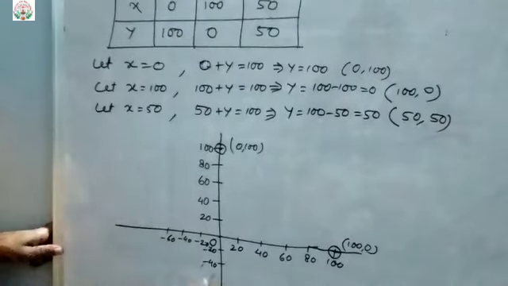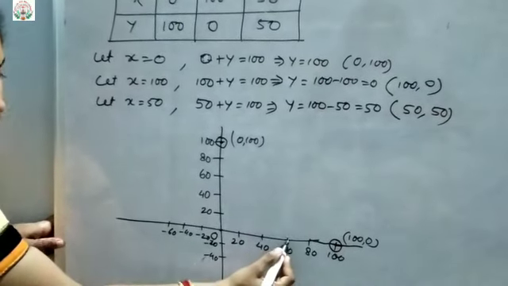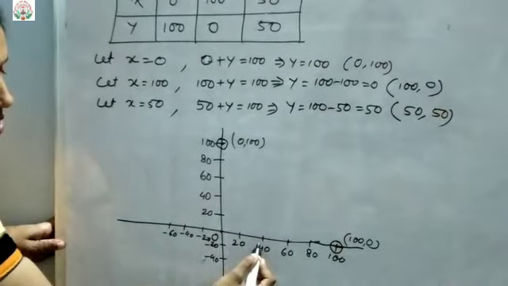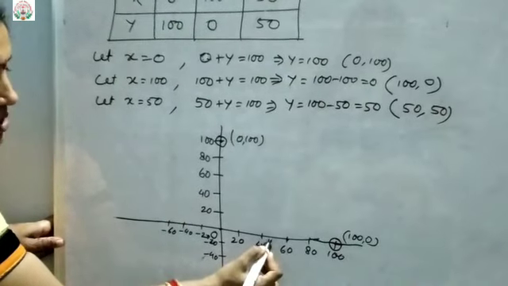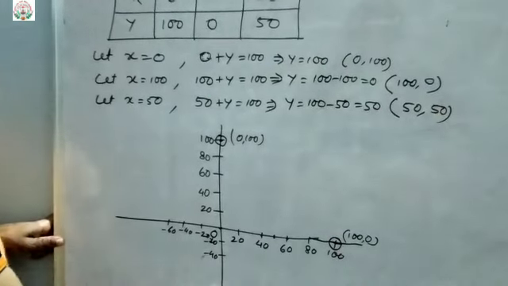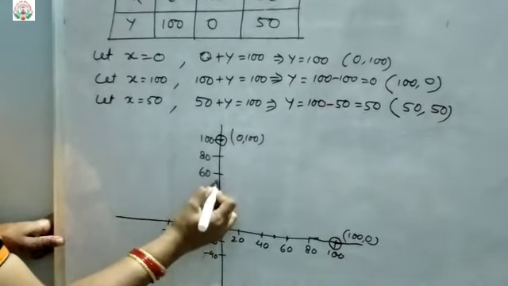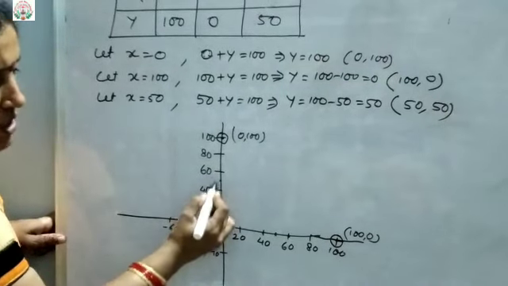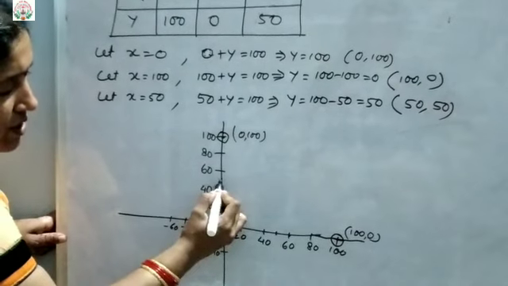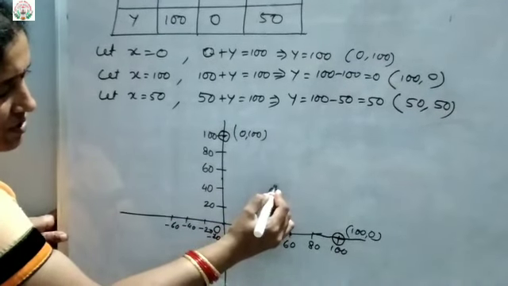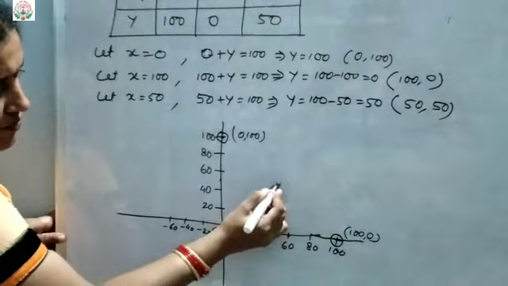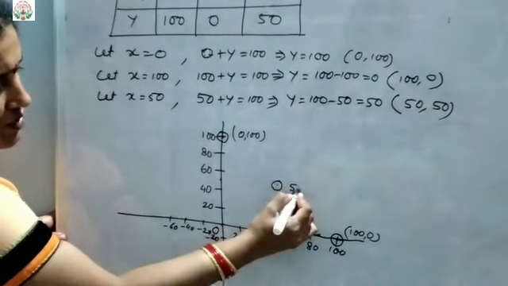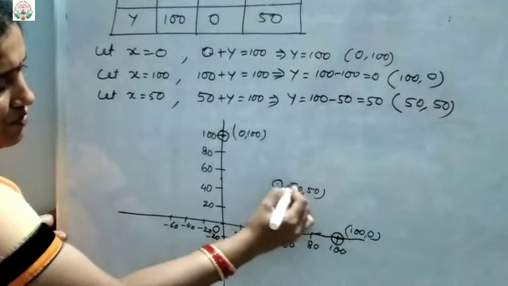Another point, 50. 50 lies between 40 and 60. Between 40 and 60, the half will be 50. Same way on the other axis, between 40 and 60, half will be 50. So here it will come as this point, 50 comma 50.